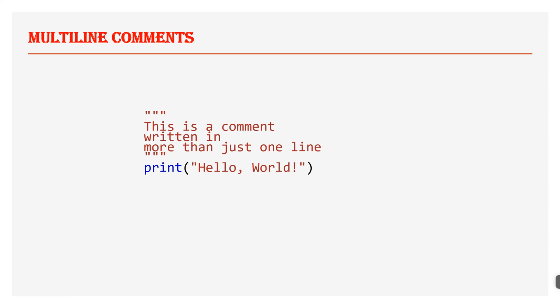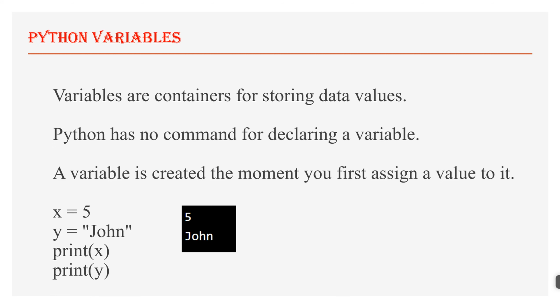Under such conditions, you may require multiple comment lines. Use these three quotes: in the beginning you use these three, you go on writing the multiple comment lines, and at the end you use these three. That will be used for multiple comment lines.